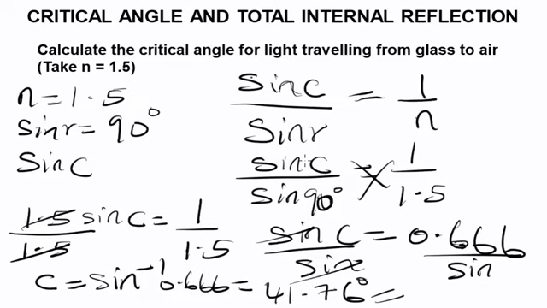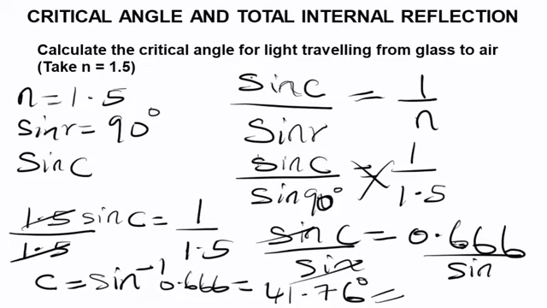Take note that there are 2 main conditions necessary for total internal reflection to occur. 1, light must travel from a denser to a less dense medium. 2, the angle of incidence in the denser medium must be greater than the critical angle. So these are the 2 necessary conditions.